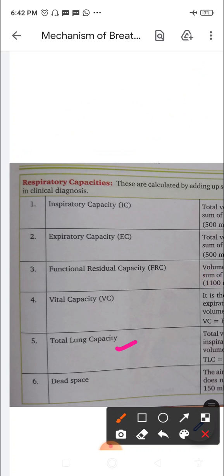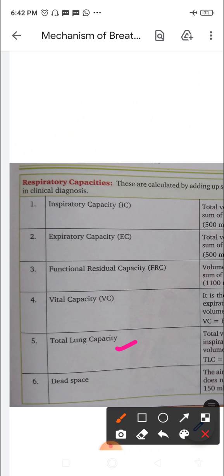Then comes the total lung capacity. Total lung capacity is the total volume of air contained in the lungs at the end of a maximum forced inspiration. So after you inspire and take in forced air, what is the total volume of air there at that time?